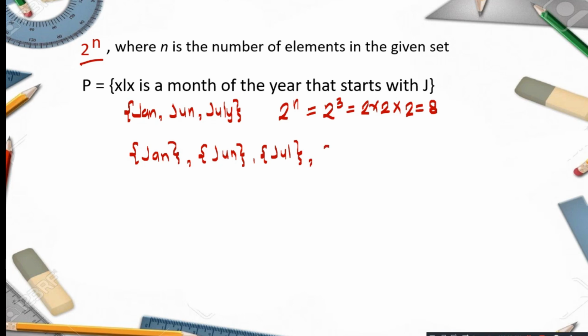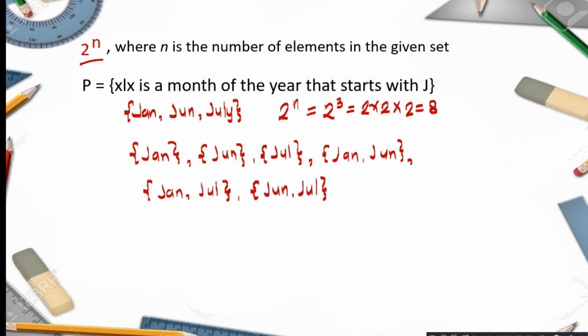So we're going to start with January and June, followed by January and July. And of course, don't forget the combination of the months of June and July.